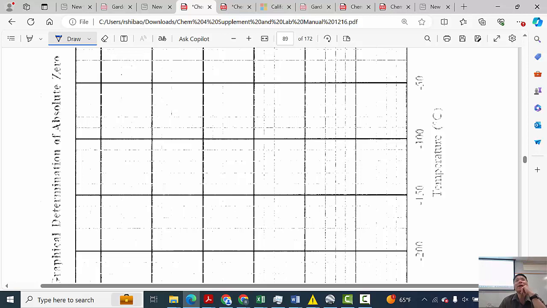But some graphs are way off, and it's easy to be way off here because the data points are kind of close, so just a slight tilt in the angle could make the intercept way off. So what we're going to do is take your data and plot it on the computer using Excel.